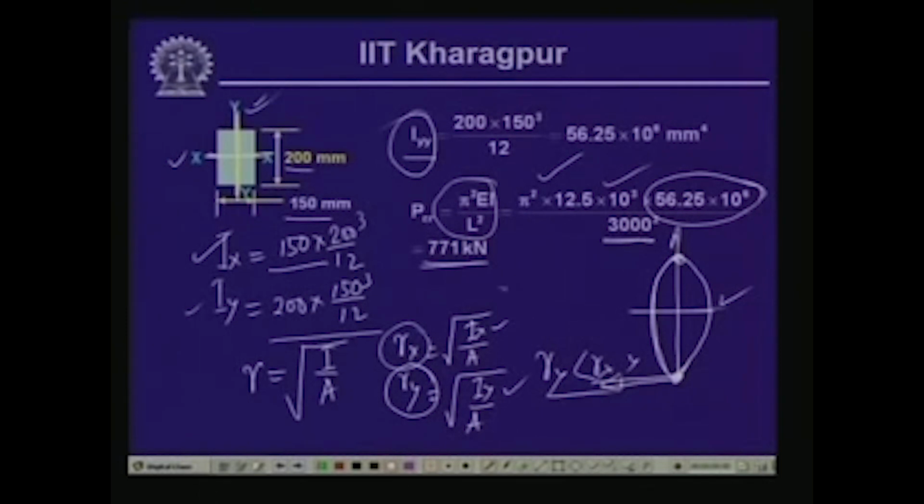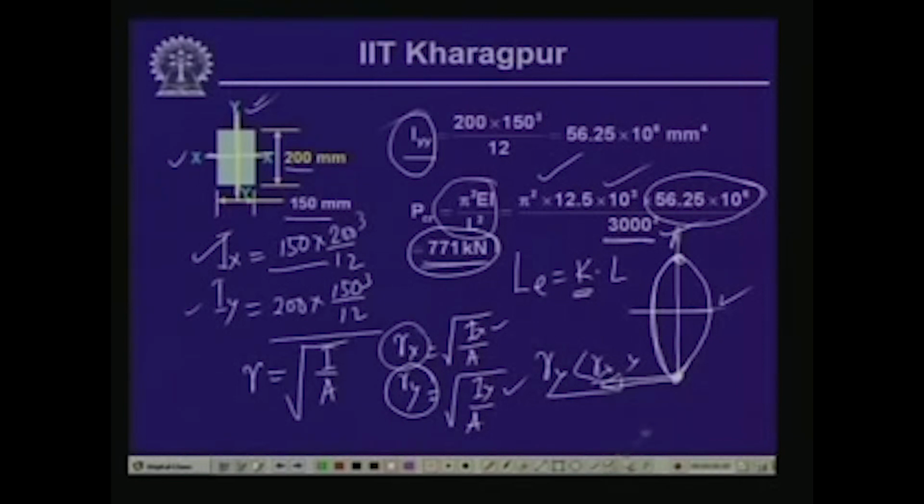Since this column member is hinged at both ends, the effective length Le is equal to K times L, and K in this particular case is equal to 1, and that is what is indicated over here. If we evaluate this, we get a value of P critical equal to 771 kilonewton.